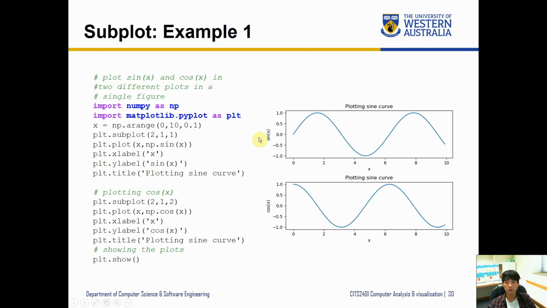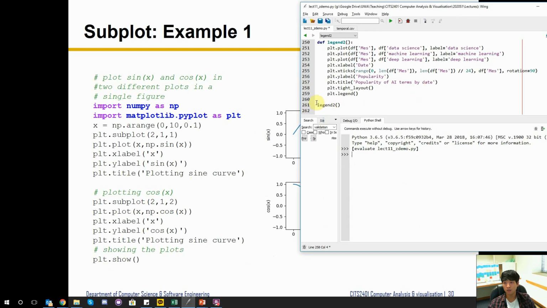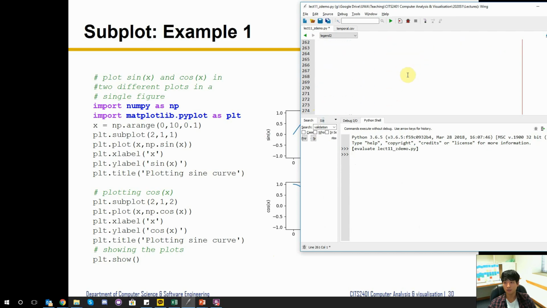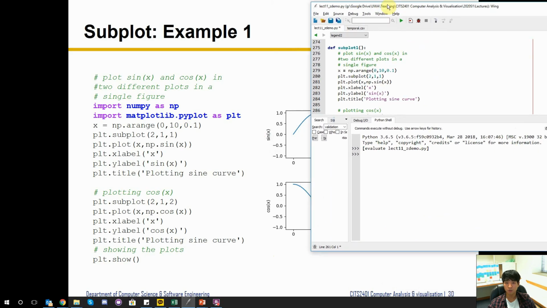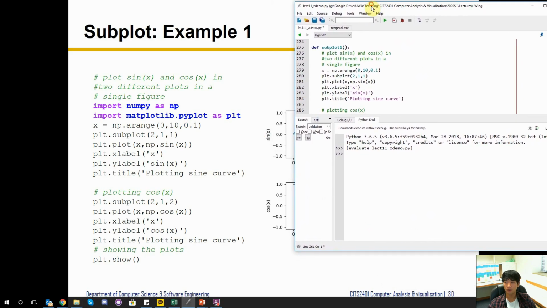So here is our subplot example 1. Basically I have all the inputs at the top, and what we're going to plot is some curves. What it's doing is plotting sine and cosine in two different plots in a single figure.